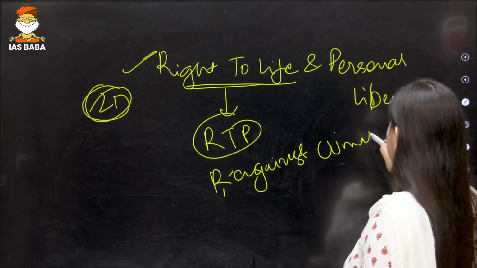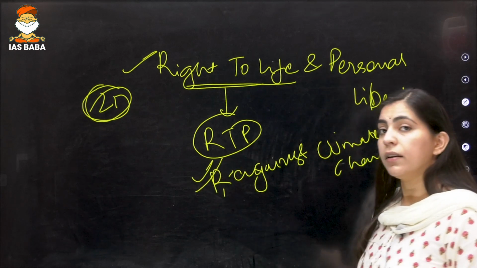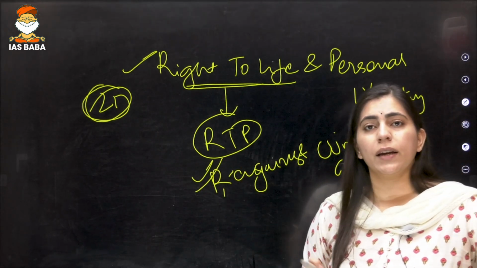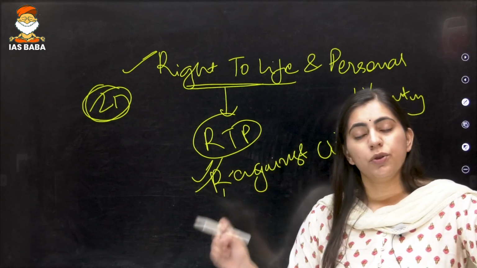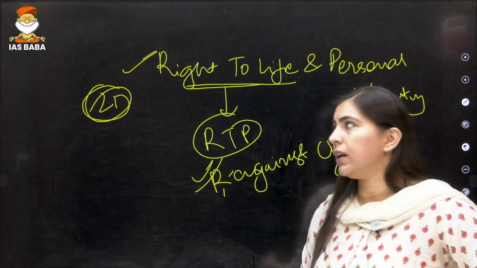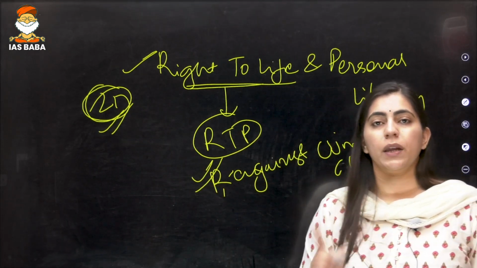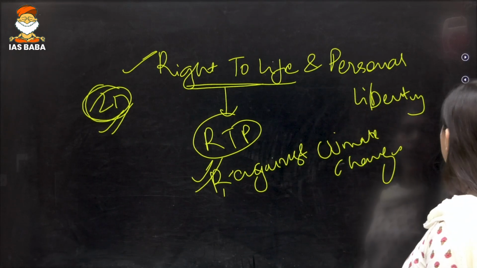climate change, right? I think this particular question can be asked: the right to climate justice or right against climate change is under which article of the Indian Constitution? The Supreme Court in a recent judgment has stated that yes, it comes under Article 21, that it is a fundamental right for climate justice.